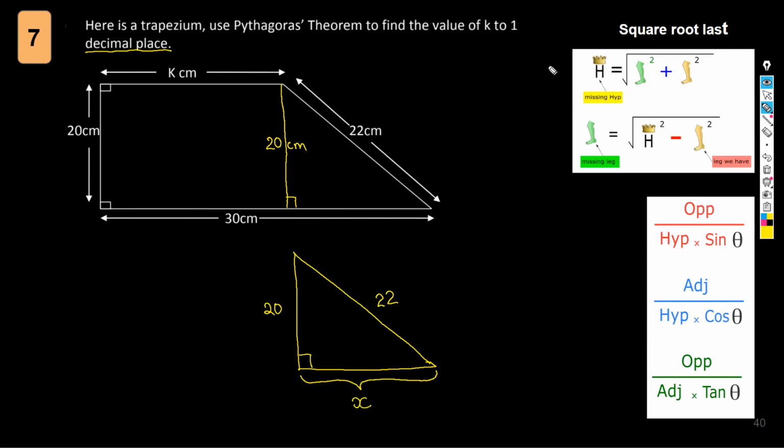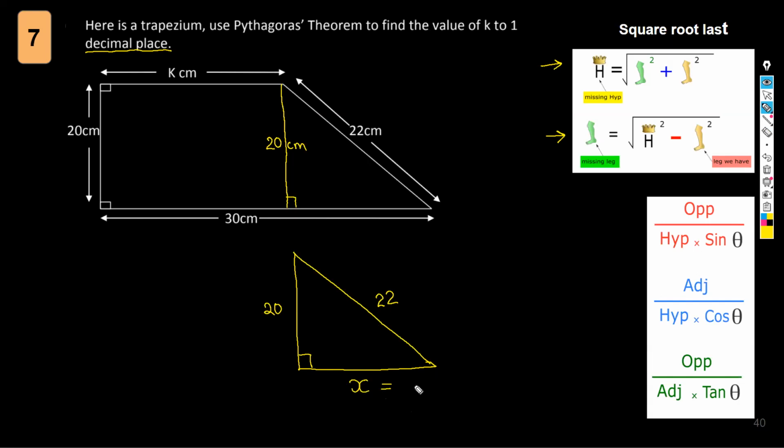Which one do we need? The one with the addition or the one with the subtraction? What are your thoughts on that? Right, Kenya, correct. Right, Hackett, correct. We definitely have to use the subtraction because x is a regular boring side. The 22 is the hypotenuse.